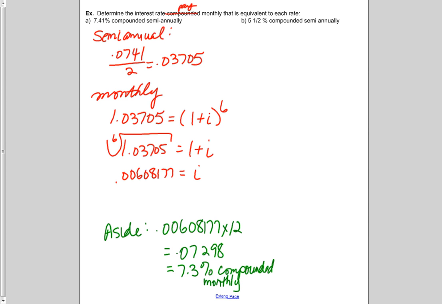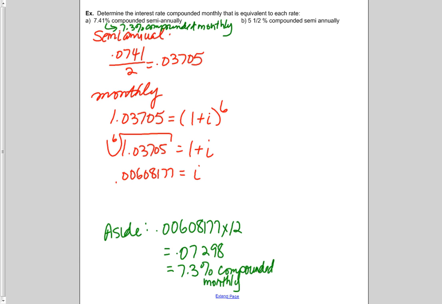So if the silly bank had given me this information, you can get a mortgage at 7.41% compounded semi-annually, or they could have just told me this is the same thing as 7.3% compounded monthly. It would have saved me a whole lot of trouble. So when they ask us to determine the interest rate compounded monthly that is equivalent to each rate, we're just comparing the two ways of wording things.